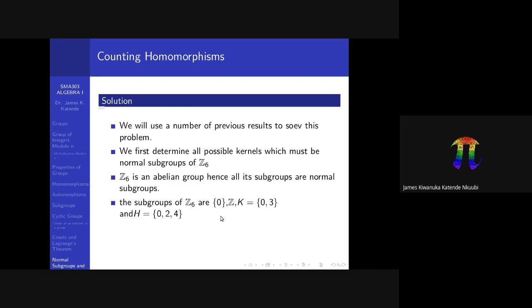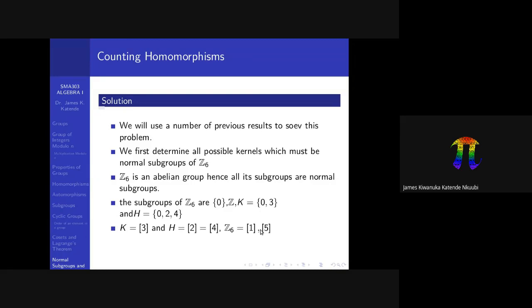So we need to find the factor groups. This one gives you the generators of the subgroups. K is the cyclic subgroup generated by 3. H is a cyclic subgroup generated by 2, but it can also be generated by 4, so either of these will be a generator of H. And the whole group Z6 has 2 generators, 1 and 5.